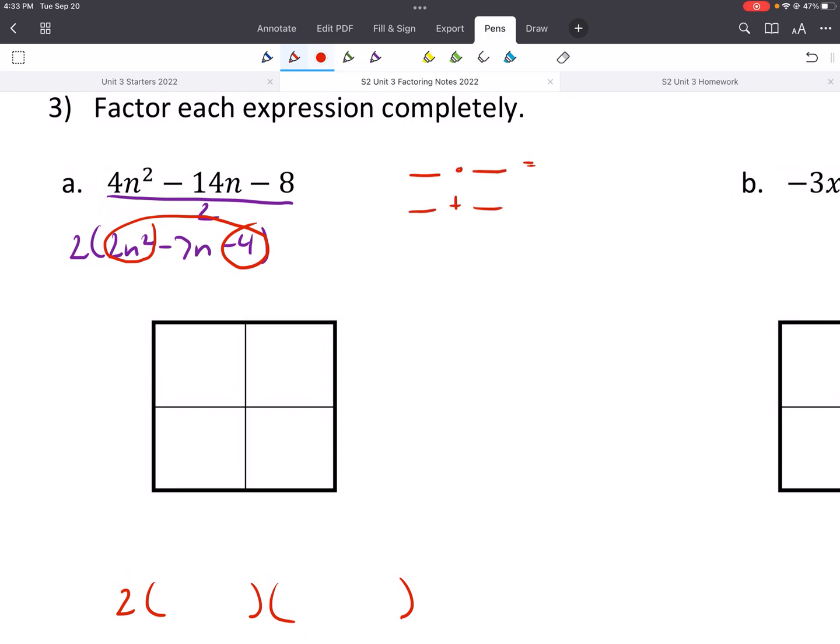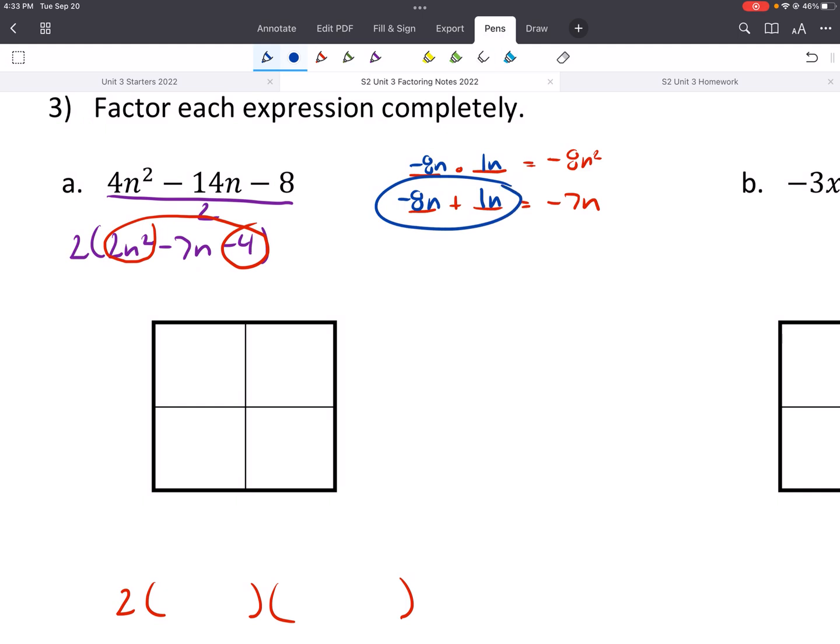Okay? Alright, so then we would do the 2 things that multiply and add. Again, glasses, the 2n squared times negative 4 gives us negative 8n squared and adds to negative 7n. Here, I'm pretty sure 1 and 8 would have to work here. So maybe negative 8 plus 1 would work. Okay, so then we can plug that in.